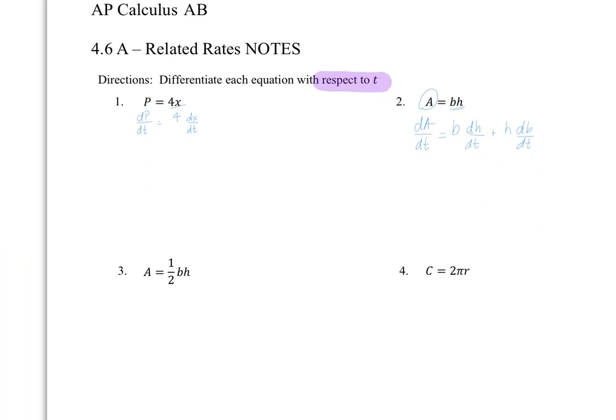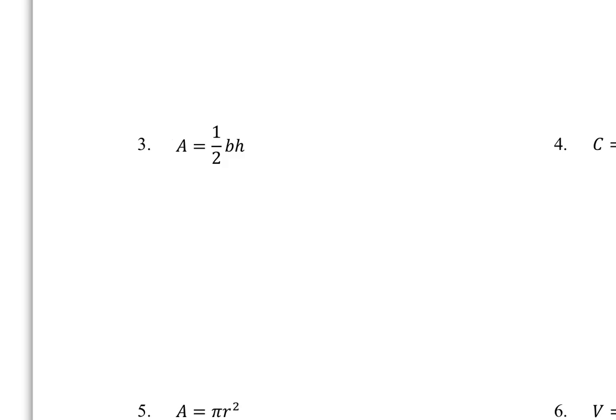Okay, so for number 3, over here on the left, the derivative of a with respect to t. Here, I'm going to bring this 1/2 down, and I'm going to do the derivative of this as a product rule: the first times the derivative of the second plus the second times the derivative of the first.